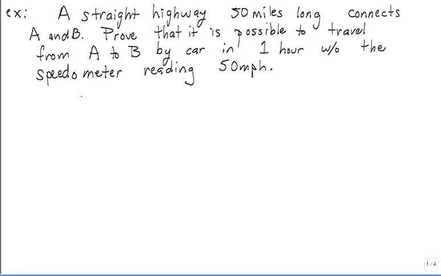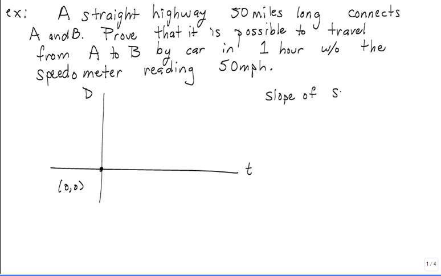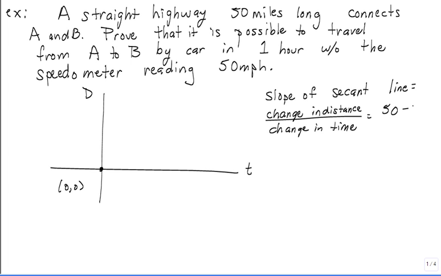Okay, so what we have, let's say this is distance and this is time, and we're going to start out at 0, 0. And the slope of the secant line is the change in distance over the change in time, 50 miles in 1 hour.